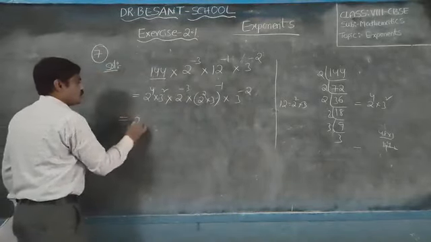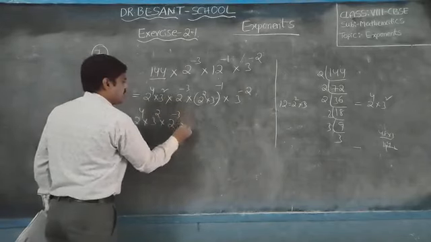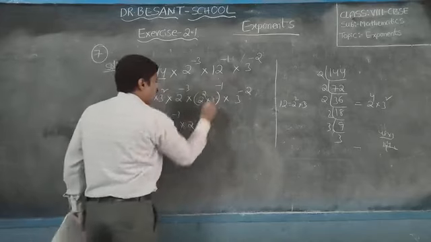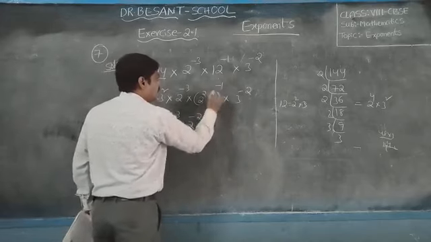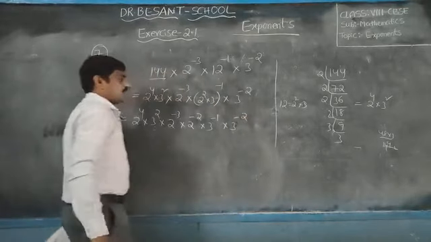So that is equal to 2 power 4 into 3 square into 2 power minus 3 into 2 power 2 into minus 1 minus 2, 3 power minus 1 into 3 power minus 2.